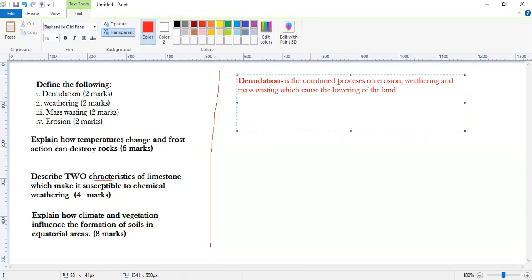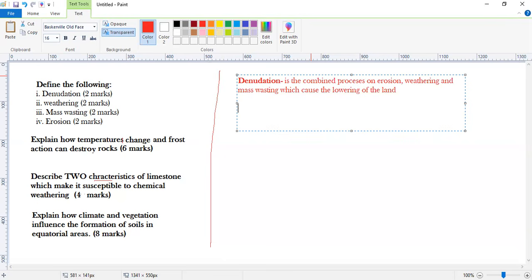That's one way of answering it. It could have been answered in a different way. We could have said that denudation is the process by which the land is worn down or lowered by the processes of erosion, weathering, and mass wasting. So there are different ways that you could define the term denudation, but you have to make sure that it is just correct. All right.